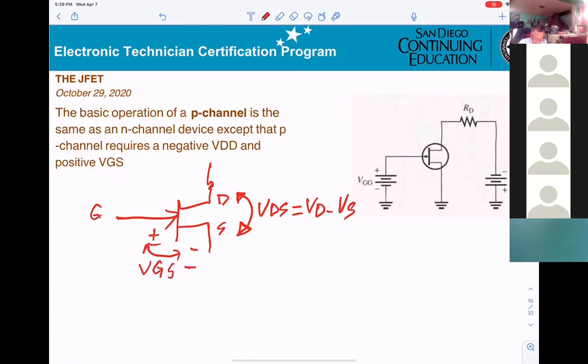And VGS will be VG minus VS. That's a basic thing. You must know that.